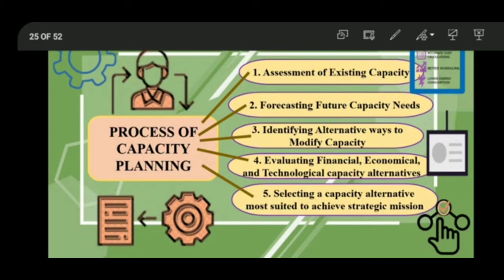So second is forecasting future capacity needs. Short-term capacity requirements can be estimated by forecasting product demand at different stages of the product life cycle. It is more difficult to anticipate long-term capacity requirement due to uncertainties of market and technology.